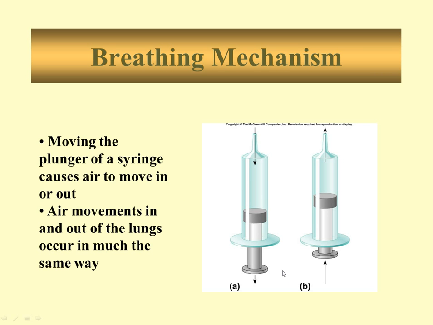Now we have two syringes here. As we pull the plunger out, we're increasing that space, right? Well, that's also increasing the volume, and remember, as volume increases, pressure is going to decrease. Which way is the air going to flow? It's going to flow in the direction where the pressure is lesser.